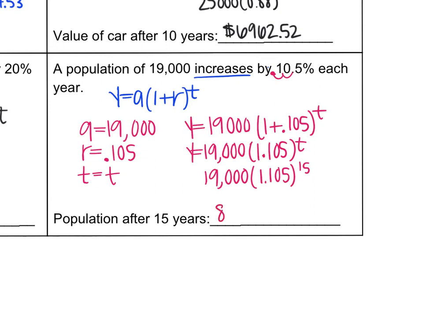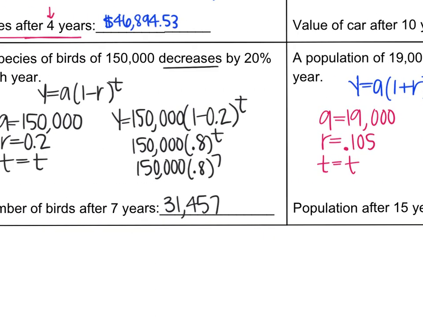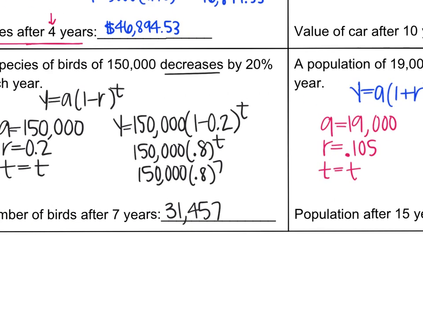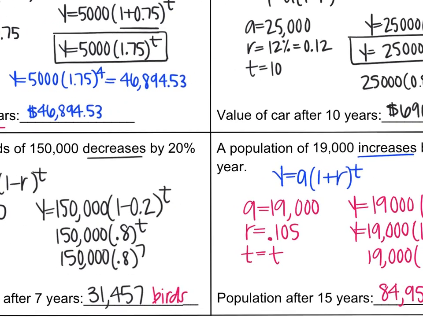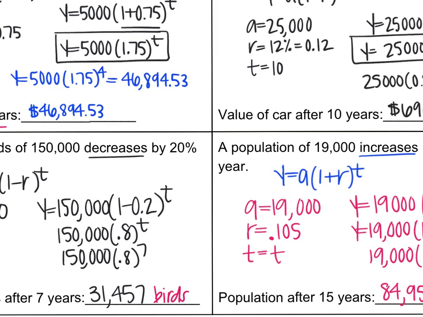You should be getting a population of 84,955. We'll round to the nearest whole number because we're talking about people. Oh, I made a big stink about how we need to label them, and then I didn't label the last one. Birds. Notice that I did label the two above that because I put my $ sign, so those are labels.